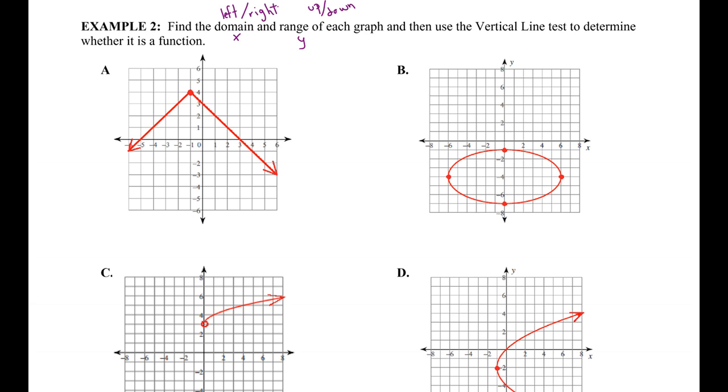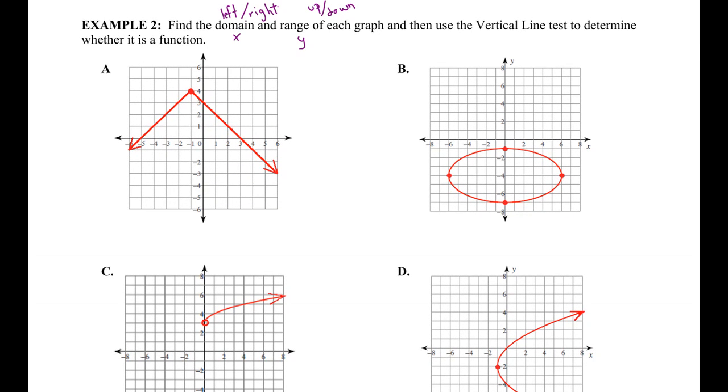After I find the domain and range of each graph, I am going to write it as an inequality. So I'm going to start with the domain.